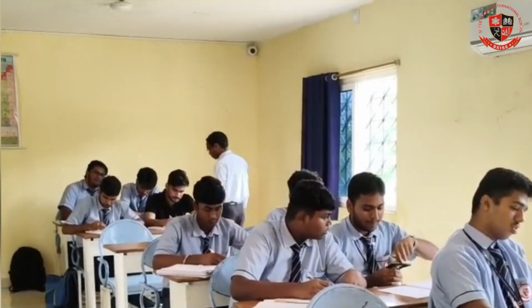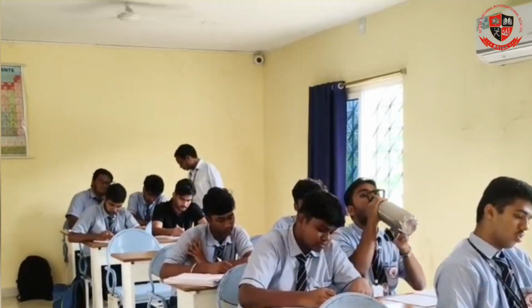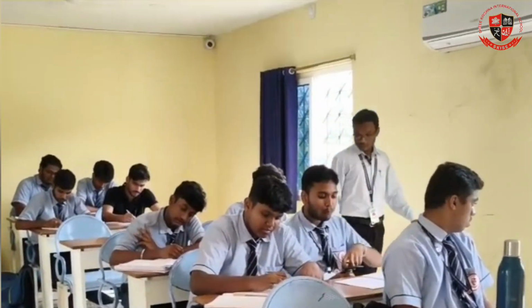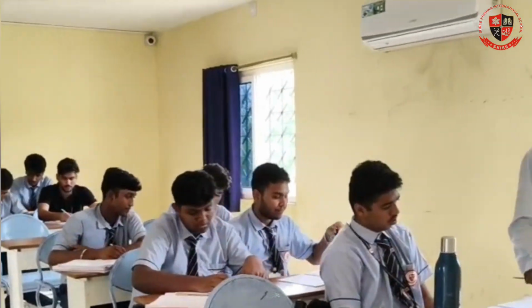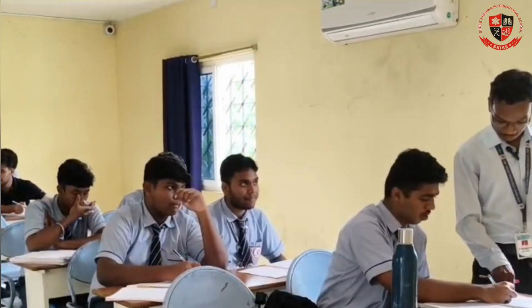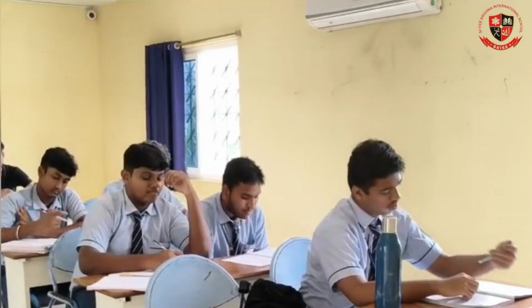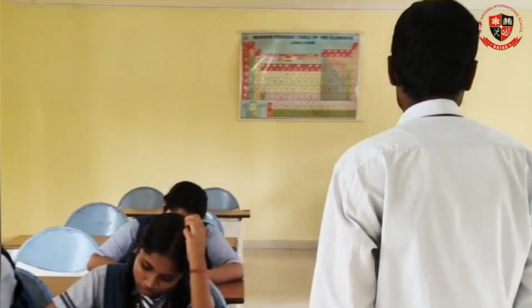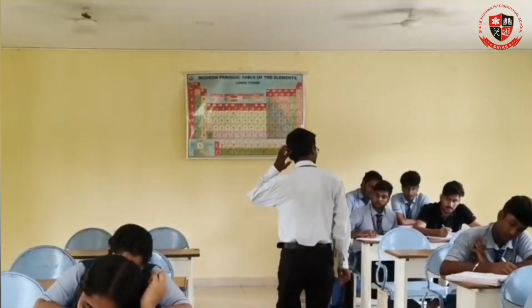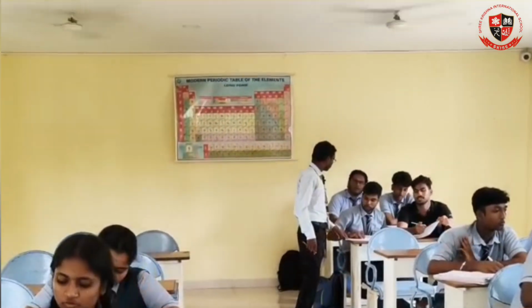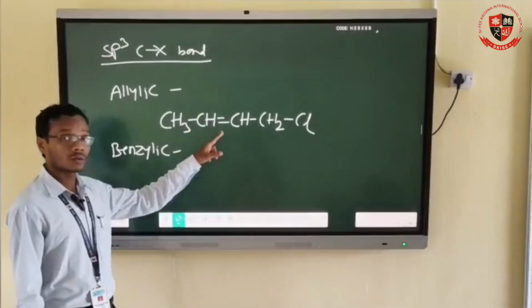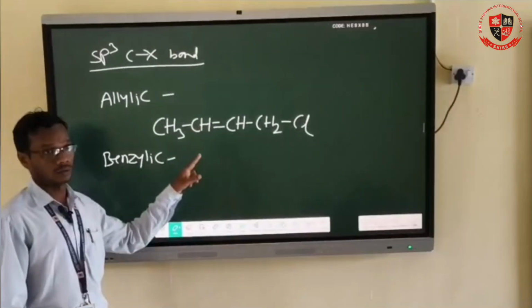Some say 4-chloro. What is your number? You did not mention the number. Someone says 1-chloro-2-butene, another says 4-chloro-2-butene. Now listen. It is 1-chloro and some say that it is 4-chloro.